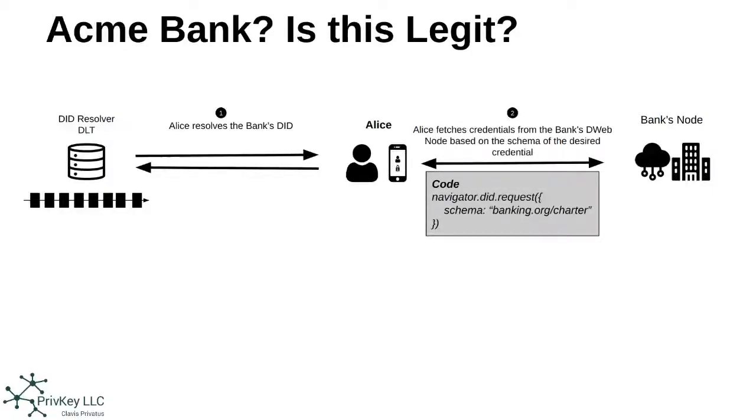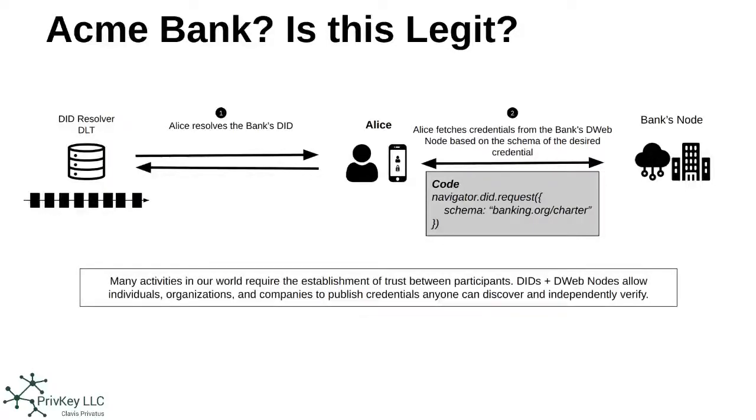Alice fetches credentials from the bank's DWeb node based on a schema. This is code related, but it's something developers would code into their apps, going from the web page, that web app, grabbing and fetching the credentials of the bank. There are many activities in our world that require the establishment of trust between participants.